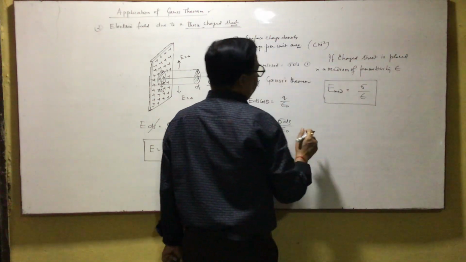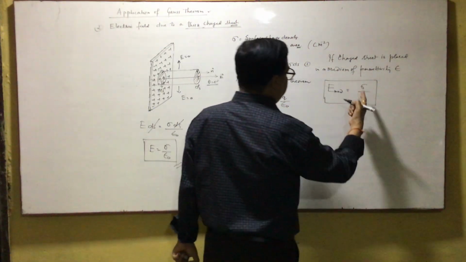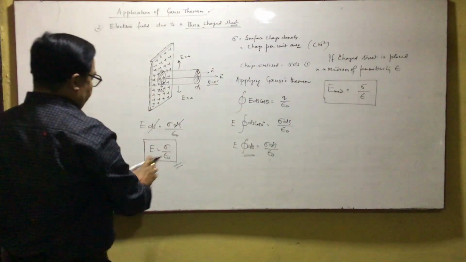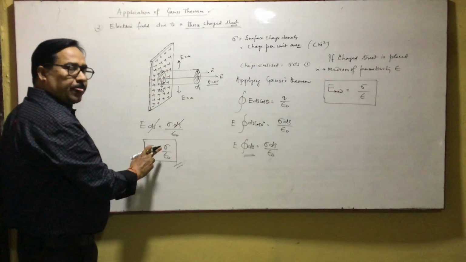So electric field in that medium is given by the expression sigma by epsilon, and when air is around it, it is given by the expression E is equal to sigma by epsilon naught.